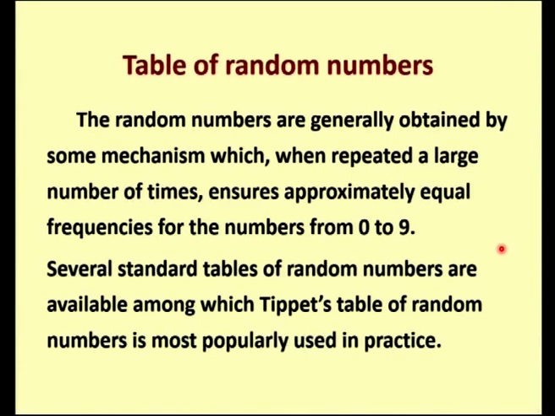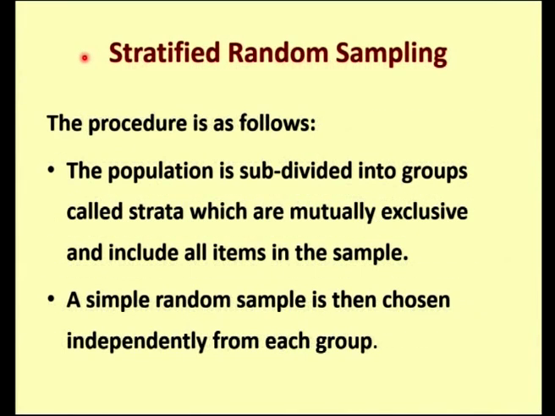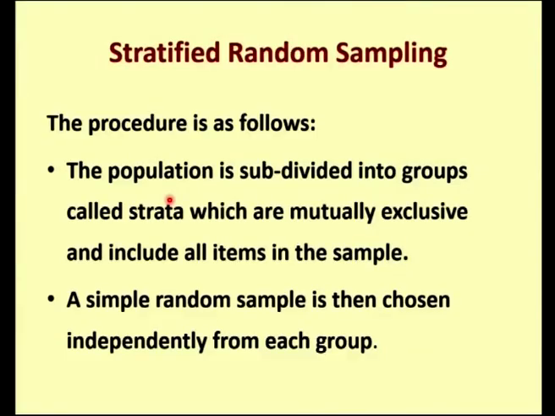The next type of sampling is stratified random sampling. This is better than the first method, simple random sampling. This is definitely a more efficient method than simple random sampling. The procedure is this: the population is subdivided into groups called strata, which are mutually exclusive and include all items in the sample.